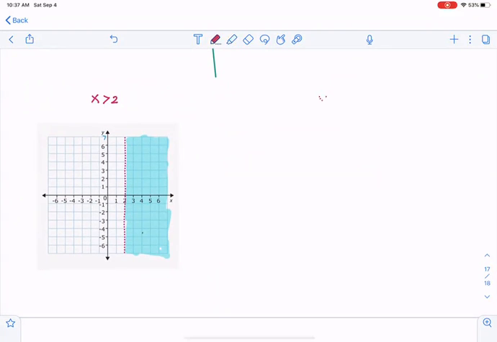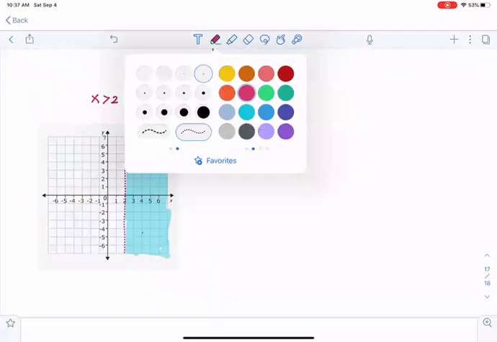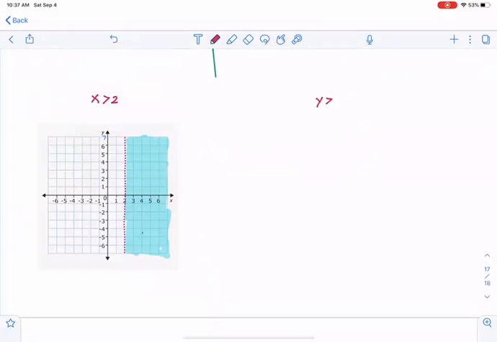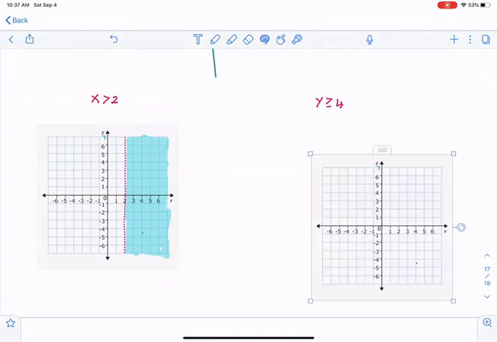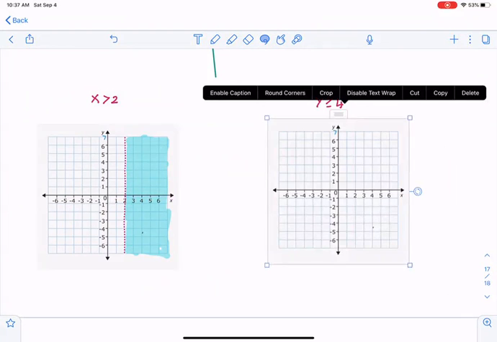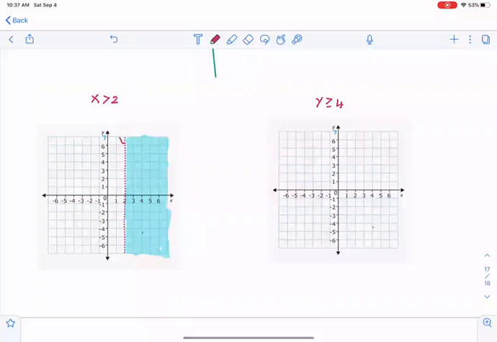Now I'm going to draw y greater than or equal to 4 as well. But this time I'm going to draw it from the perspective of the plane. I am going to draw a solid line because I have greater than or equal to.